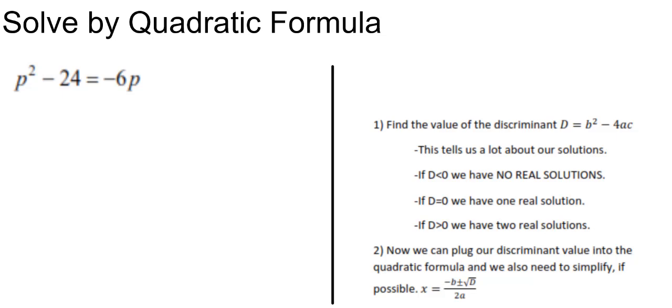All right, so we've got another problem here. We want to get it all equal to 0, so we're going to add 6p to both sides. So I'm going to have p squared plus 6p minus 24 equals 0. What we need to do here, again, is find the value of our discriminant.